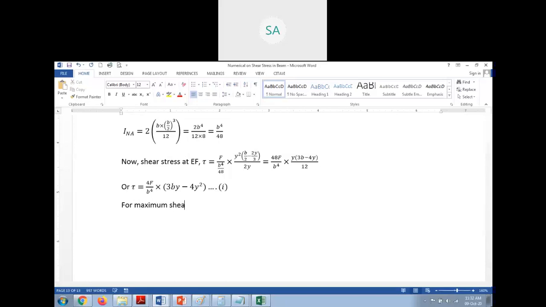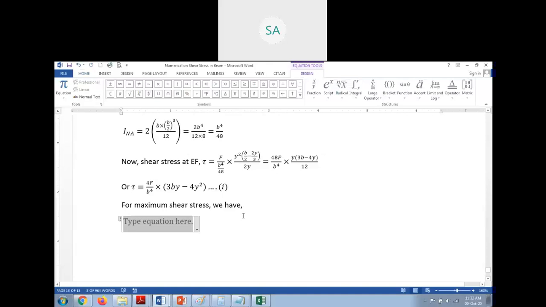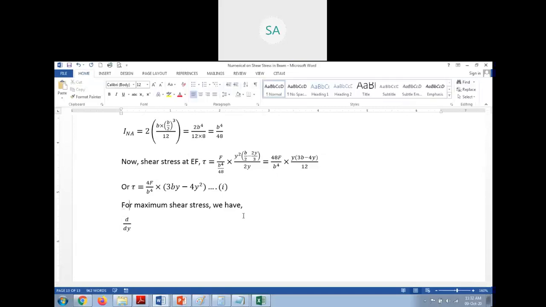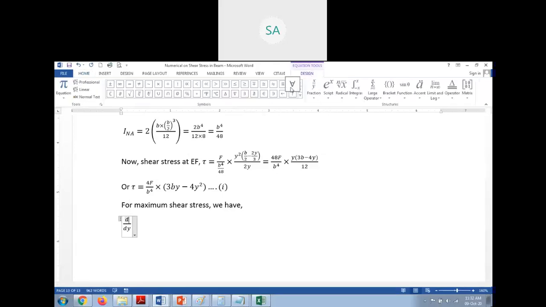Right? So for maximum shear stress, we have d tau by dy is equal to 0, right?